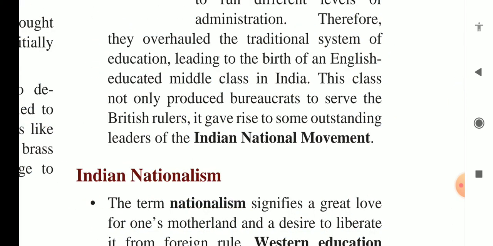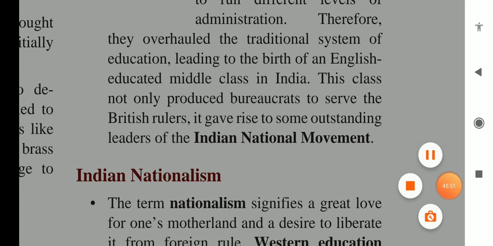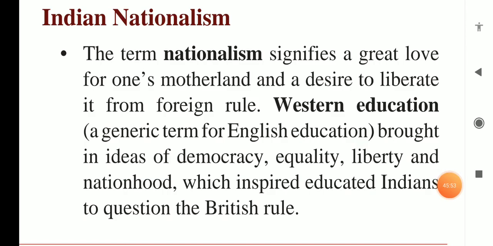So the next topic is Indian nationalism. The term nationalism signifies a great love for one's motherland and a desire to liberate it from foreign rule. So what is the meaning of nationalism? It means Rashtravad.